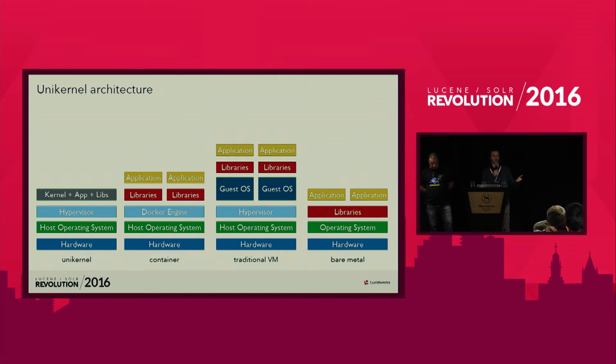Also, Docker acquired a company that contributes to the unikernel ecosystem, and there are multiple types of unikernels. Some are stripped down from NetBSD; these are called the rump unikernels. Some of them are built from scratch, like Mirage OS or OSv. We won't spend too much time on those because I think they're not mature yet to use in production.